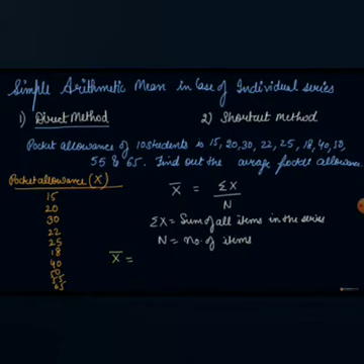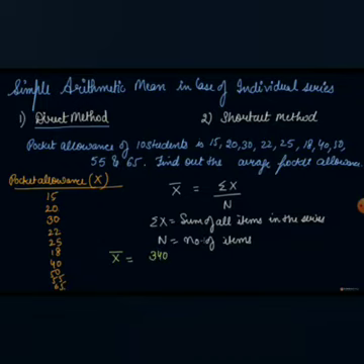We have assumed pocket allowance as X. So the average pocket allowance, X bar, is equal to the sum of all the items, that is 15 plus 20 plus 30, 22 plus 25 plus 18 plus 40 plus 50 plus 55 plus 65, which comes out to be 340.